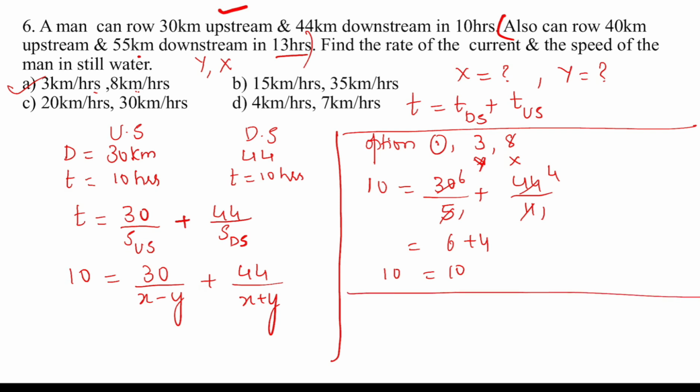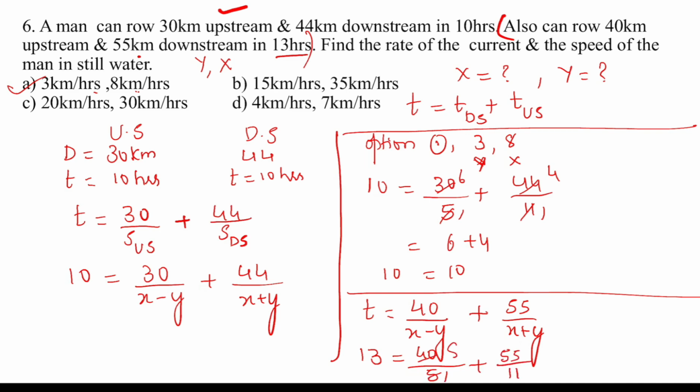So the second data: total time is 13 hours, which is given by 40 kilometer divided by X minus Y plus 55 kilometer divided by X plus Y. Again with the same options method, if 3 and 8 are the values, 8 minus 3 is 5 and 8 plus 3 is 11.